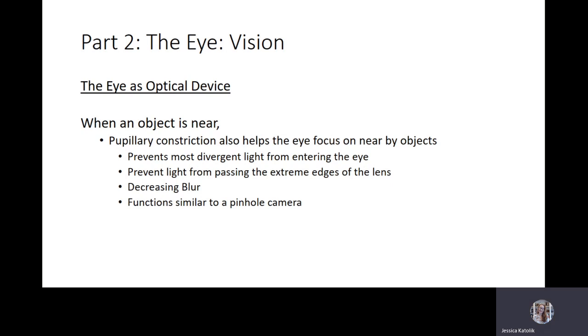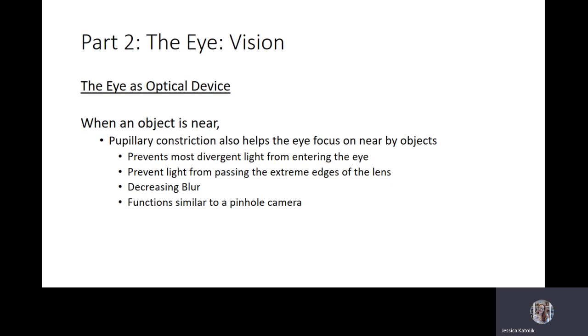Not only will we use the lens to help focus the light on the retina if an object is nearby, we're also going to use pupillary constriction to limit the amount of divergent rays of light from entering the eye.